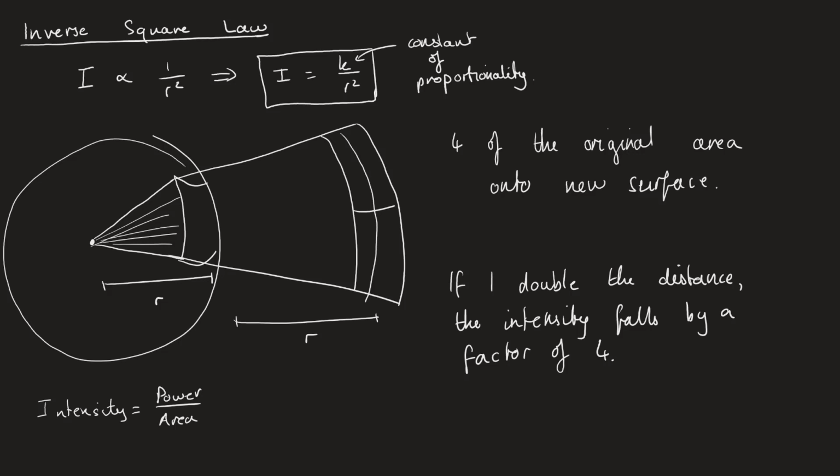You don't have the same intensity acting on your body as you would if you were standing maybe 5 centimeters away from this source. So you still don't have to worry. This radiation is not dangerous from a distance because of this inverse square law.